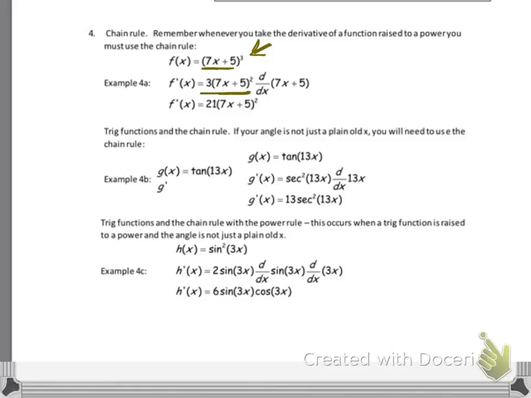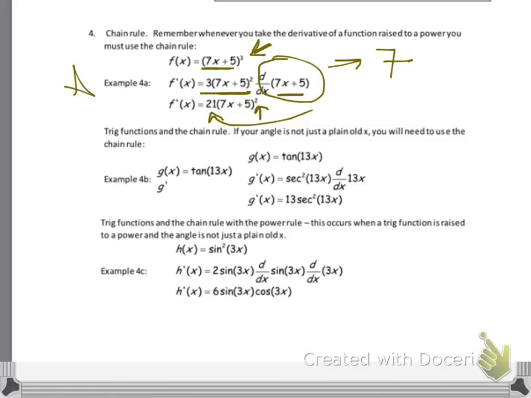Then take the derivative of what's inside. So doing that, this derivative will be 7. 7 times the 3 will get you a 21. Don't forget to write the power, because many people go on to taking the inside derivative and they forget to put the power back up where it belongs.